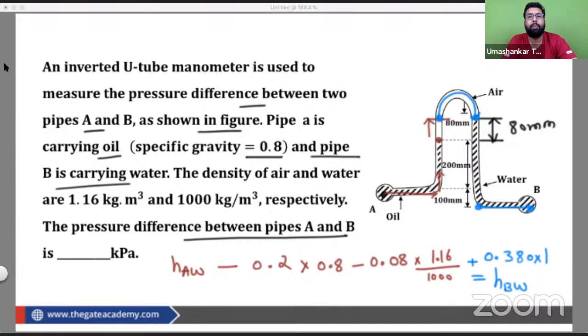What are we finding from here? Can you guys tell me, beta, what we are getting from here? Are we getting something or not, beta? Definitely, I hope we are getting something.